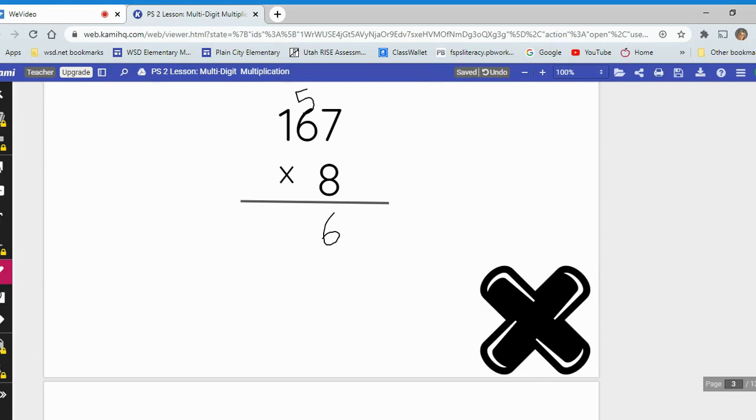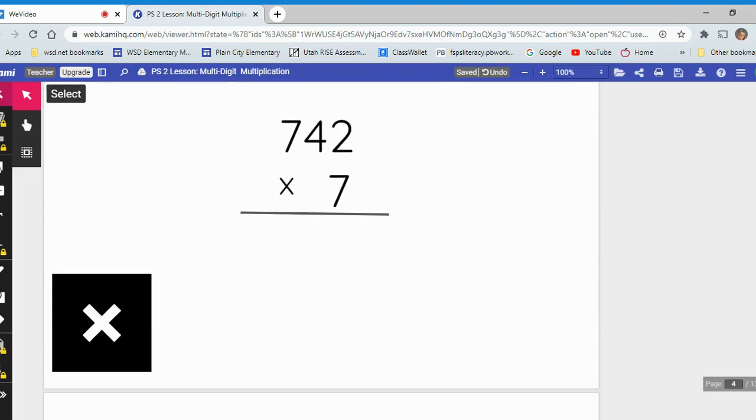Plus those 5 are 53. Carry that 5. 8 times 1 is 8. Plus 5 gets us 13. And we place our comma in. Okay, go ahead and give this one a try, and then press play when you're ready to check your answer.